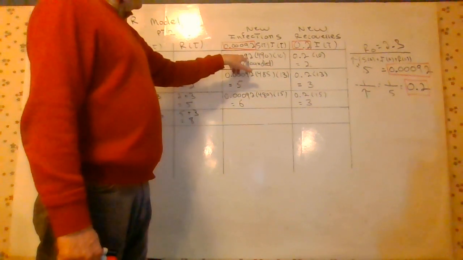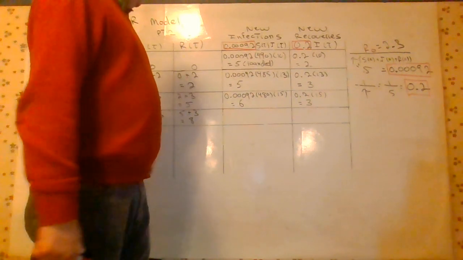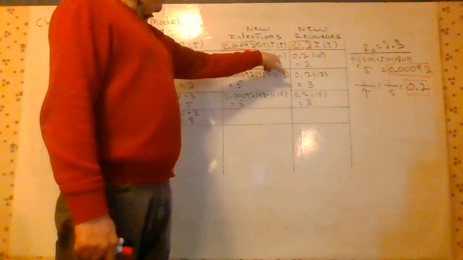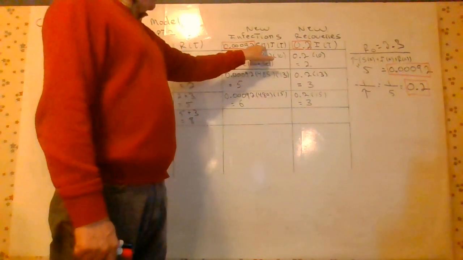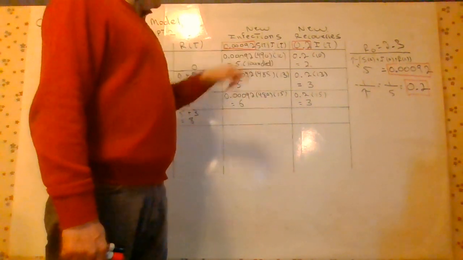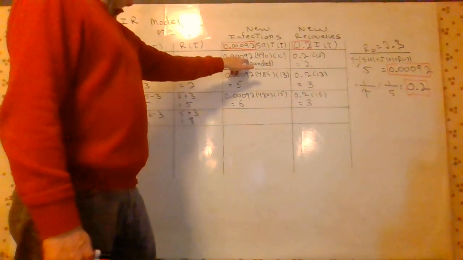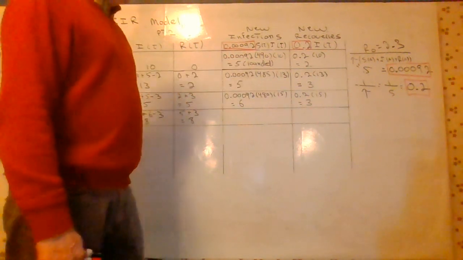So first of all, we calculate new infections. We're multiplying 0.00092, that was the C in the logistic model, times the number of possible interactions between somebody that can catch it and somebody that has it. 490 times 10 is 4,900 possible interactions. Times this coefficient, we end up with 5 rounded.